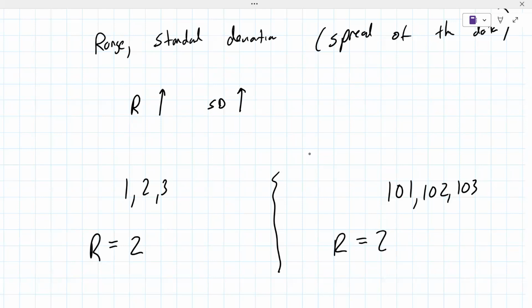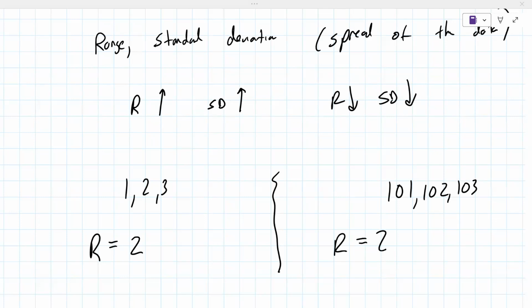Even though one set of numbers is bigger than another, they have the same spread. So really you don't actually need to do standard deviation. You really want to almost look at just range instead of standard deviation for a lot of these problems. Meaning the one with the bigger range has the bigger standard deviation. The one with the smaller range tends to have the smaller standard deviation. So you might be like, why is he even bringing this up?